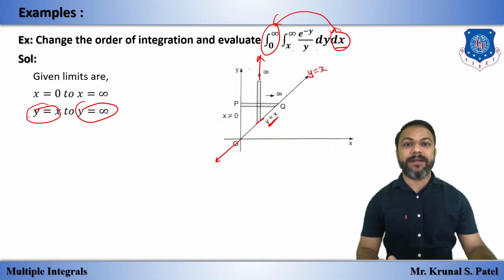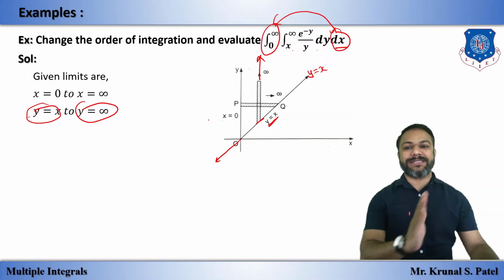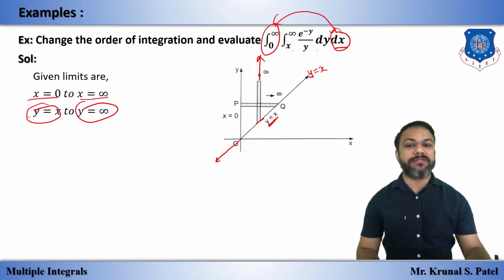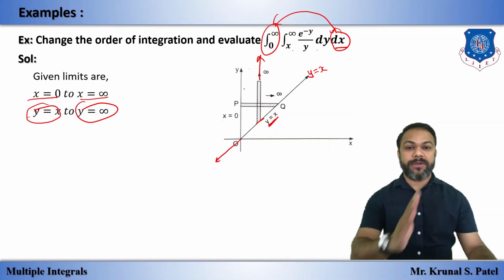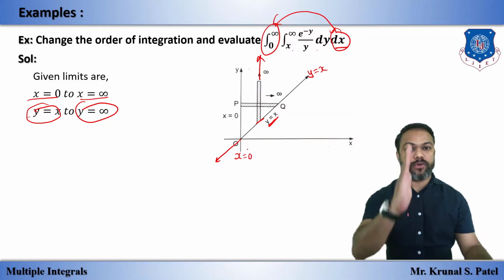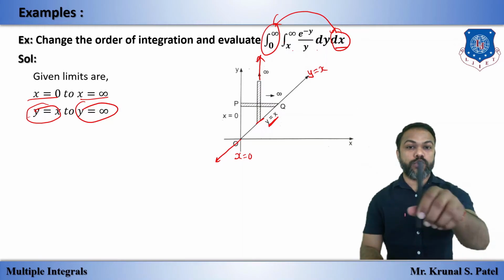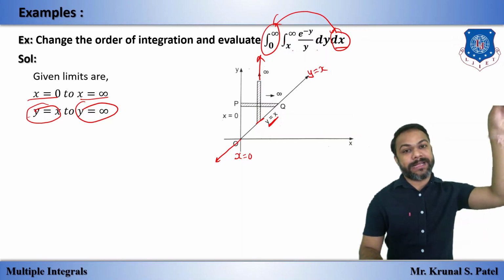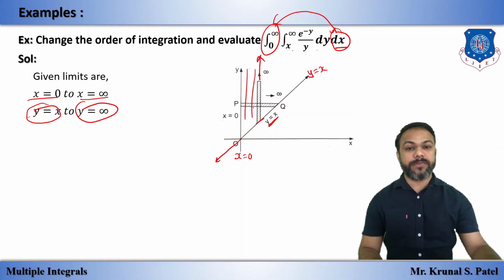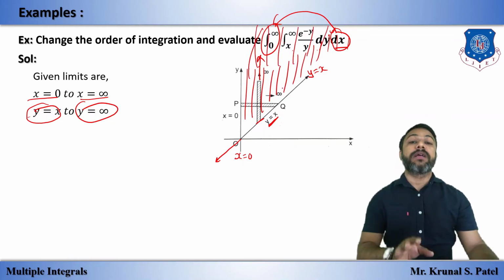This is the given vertical strip, and it moves horizontally along the x-axis from x equal to 0 to x equal to infinity. So here the leftmost part is x equal to 0, which is the y-axis, and the strip goes up to infinity in this region.